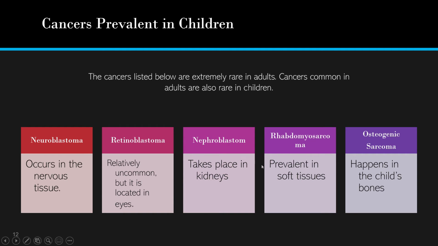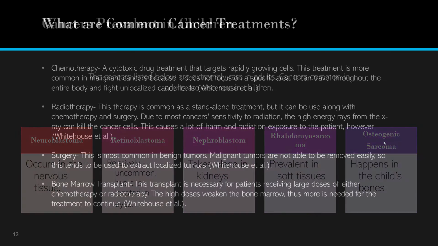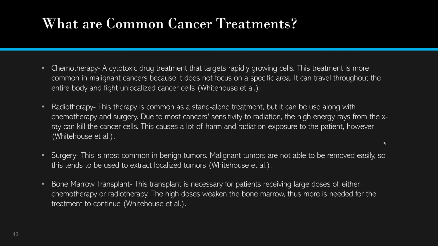Nephroblastoma takes place in the kidneys. I cannot pronounce this one, I'm going to be honest, but it occurs in soft tissues, and it's a type of sarcoma. Osteogenic sarcoma happens in children's bones. So it's similar to leukemia, but basically the child version.